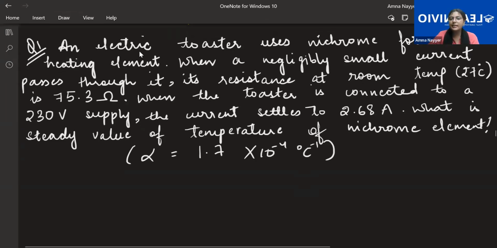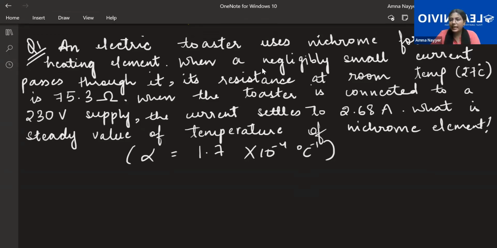See, this says an electric toaster uses nichrome for its heating element. So it's basically talking about an electric toaster, nichrome is present inside it and it is performing the heating work. But you don't have a question related to power or heating.